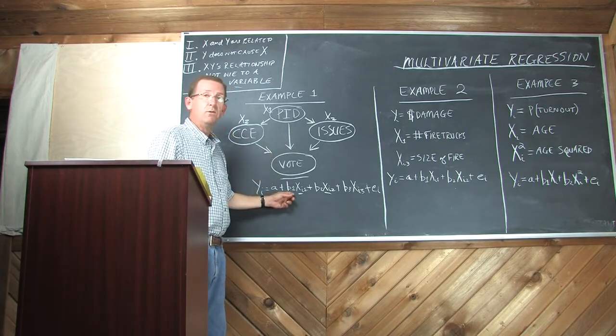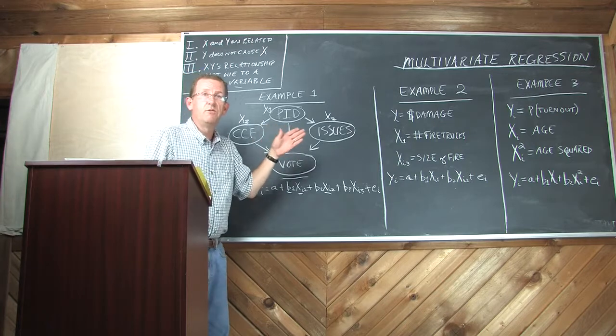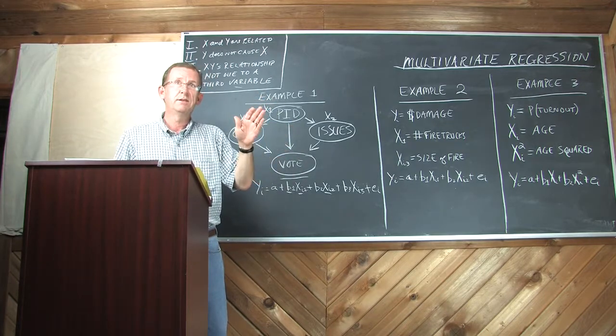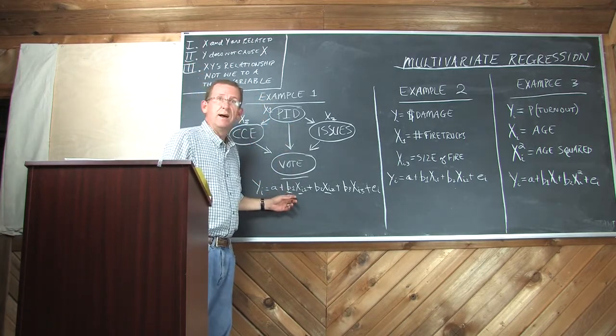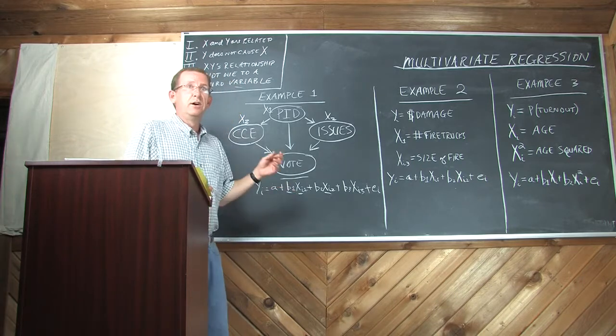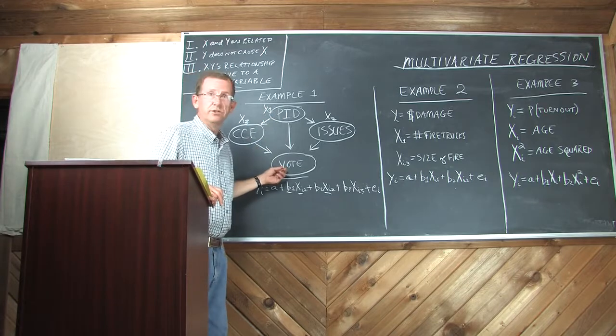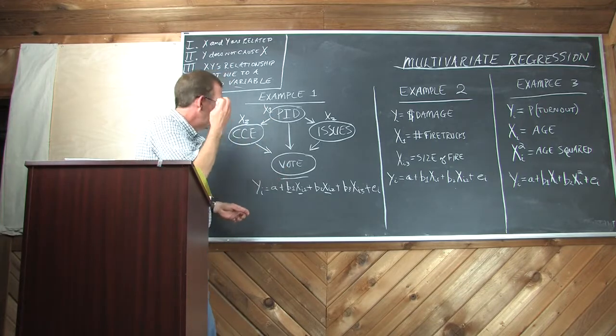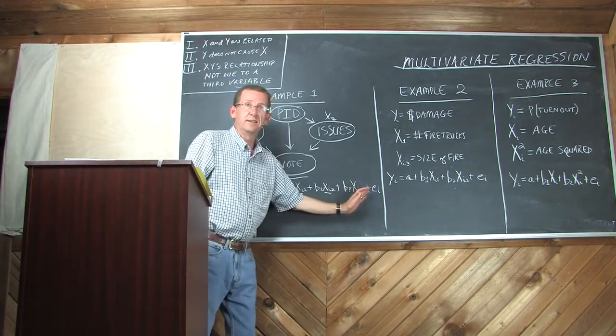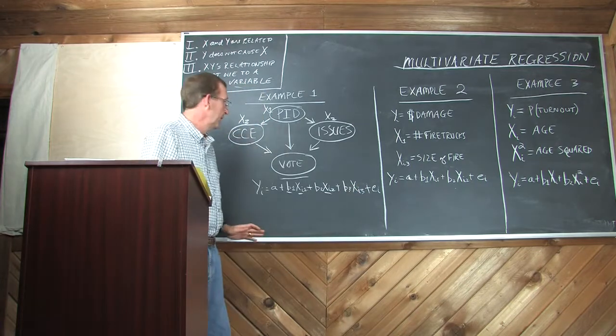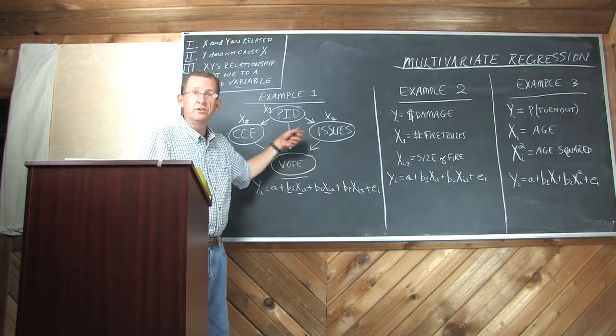If B1 is 5, then it means as I move 1 unit more Republican on the party ID scale, I realize a 5-unit change on average on the vote choice scale, holding the others constant. And the same is true then when you go to issues and so forth.